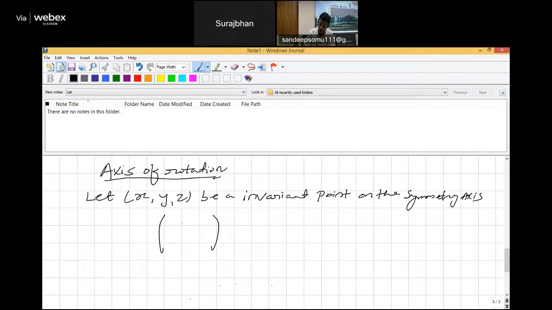So our symmetry operation is 0, minus 1, 0, 1, 0, 0, 0, 0, minus 1, acting on x, y, z. And for type 2 operation, the invariant point we take negative.